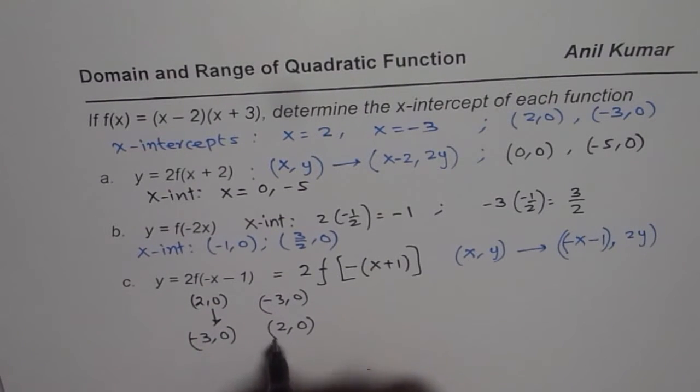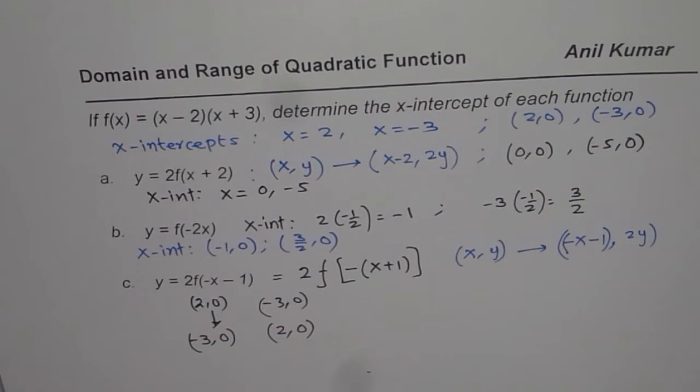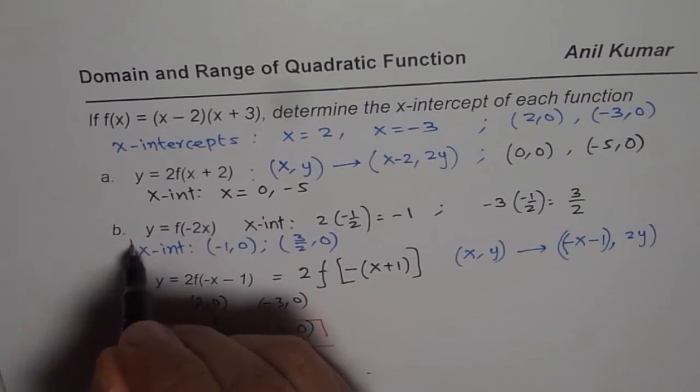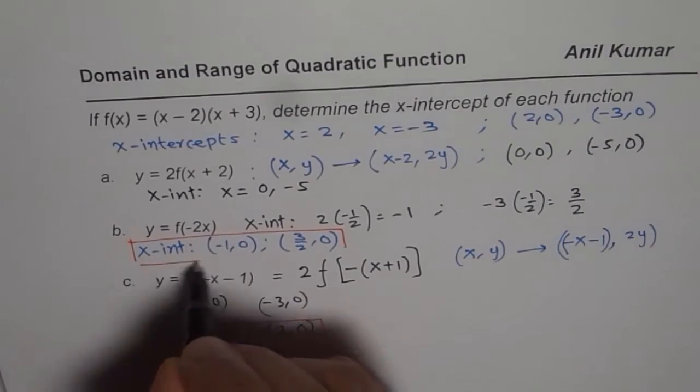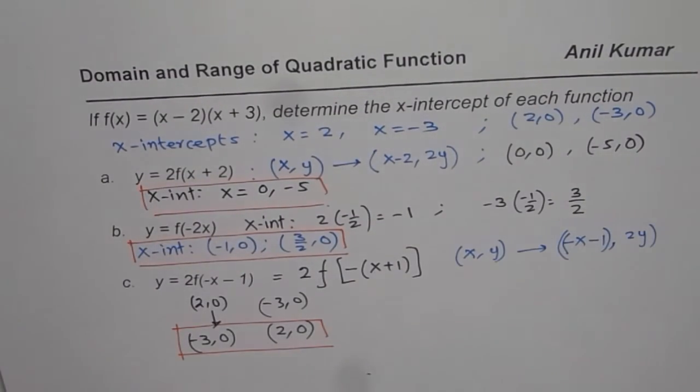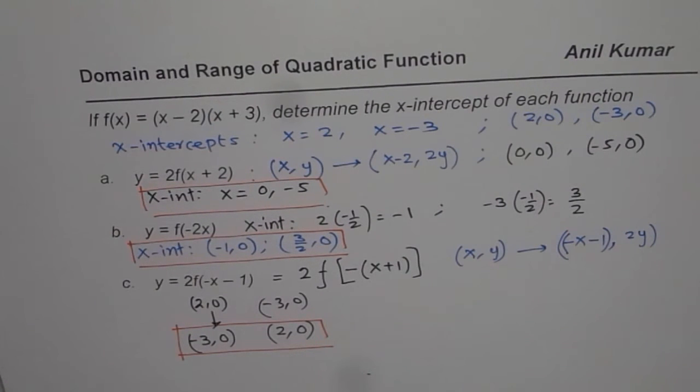So we'll get (2, 0). So the x-intercepts for these transformed functions as written will be these highlighted values, right? This is for the last one, this is for part B, and that is for part A, right? So that's a very important question. I'd like you to understand how we have got this answer and then move on.